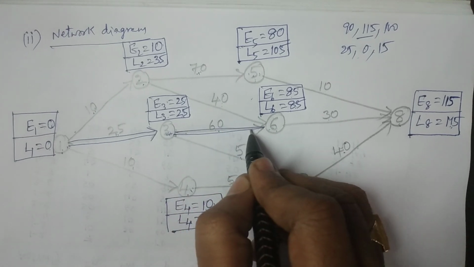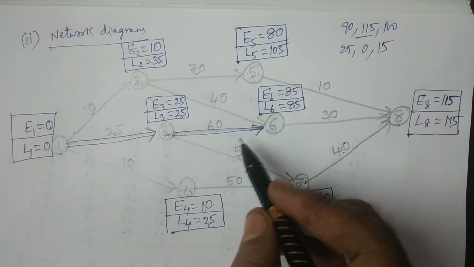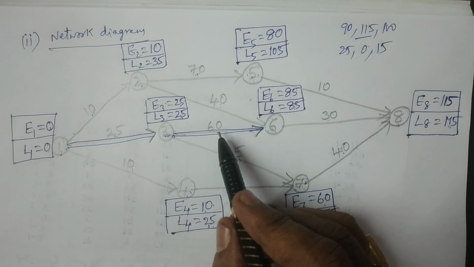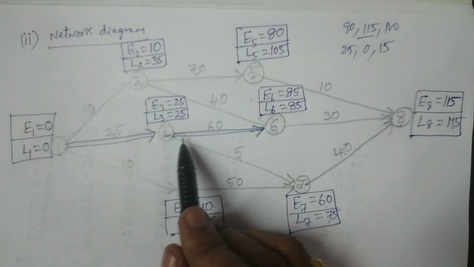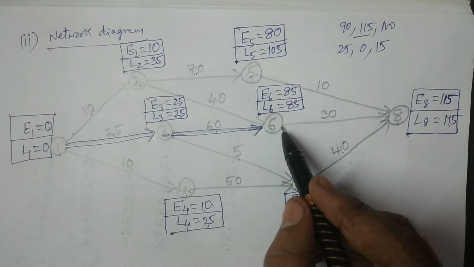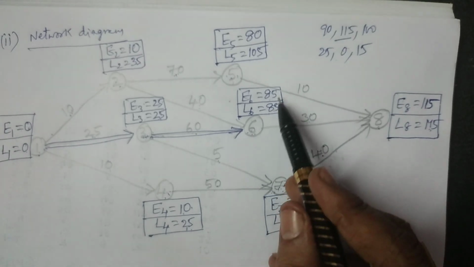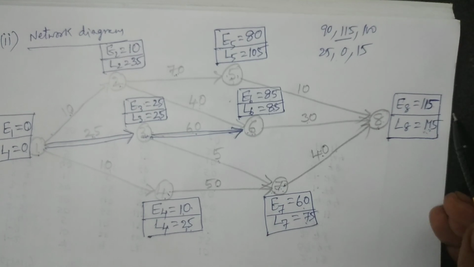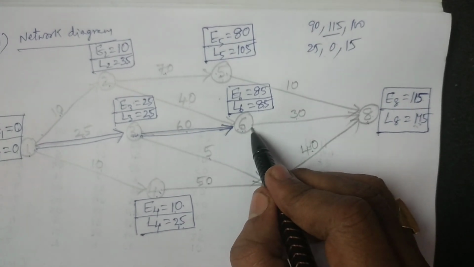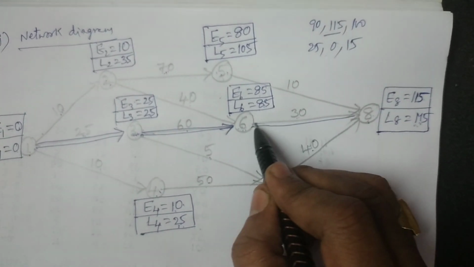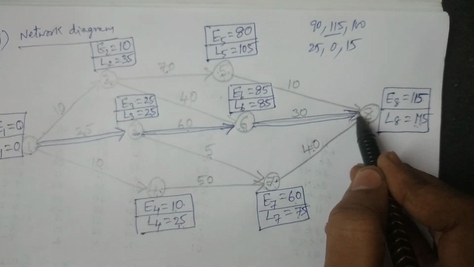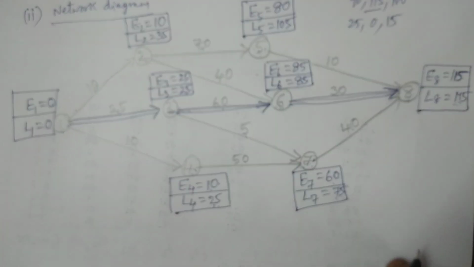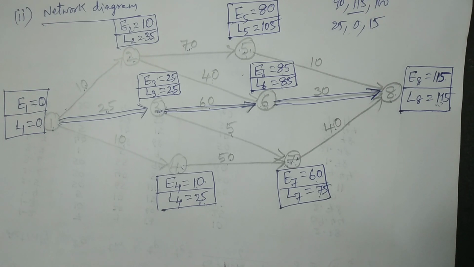I draw a double line for these critical activities. E6, L6 are equal and E8, L8 are also equal. Therefore 6 to 8 should also be treated as a critical activity. Those three critical activities are present here.